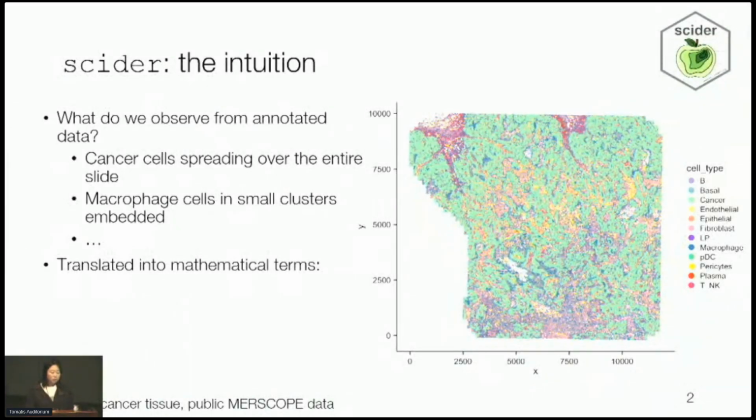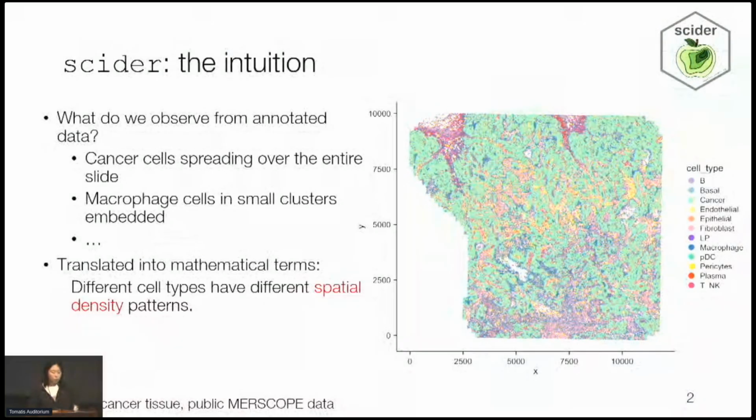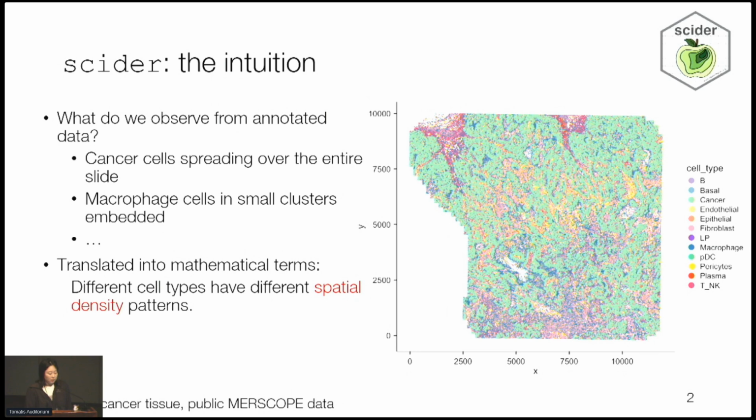We can translate these empirical observations into mathematical terms, which means that different cell types have different spatial density patterns. The intuition behind CIDR is that we can define a cellular microenvironment using these spatial density patterns, which is a very simple but completely natural approach.